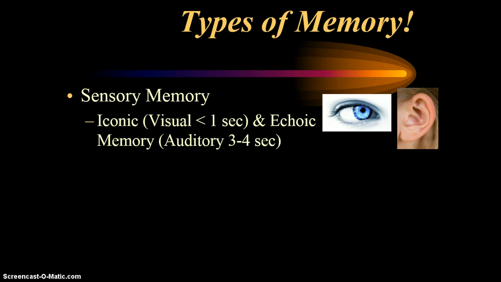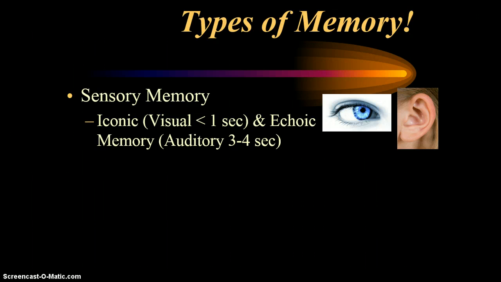All of those things coming in for just a split second. And so sensory memory generally is thought to last anywhere from about 0 to 1 second, maybe 2 seconds. So just a couple seconds. Now, you can actually divide that up and talk about things like iconic memory.